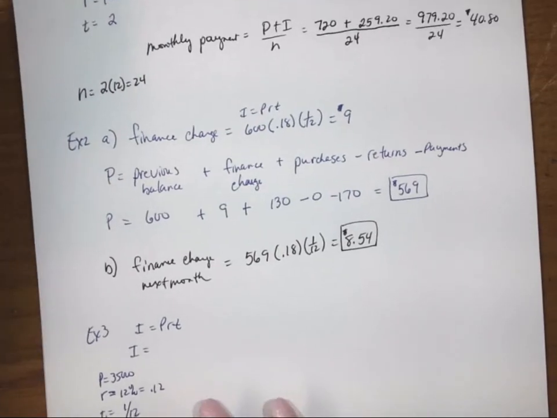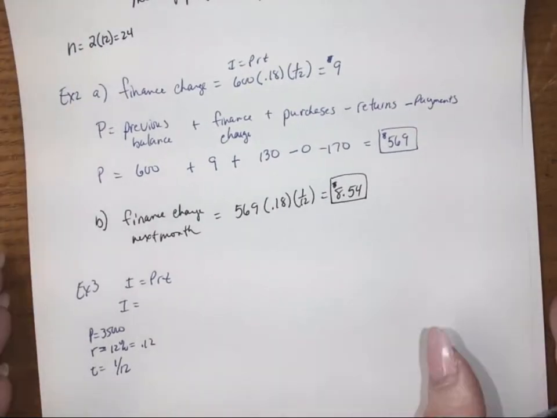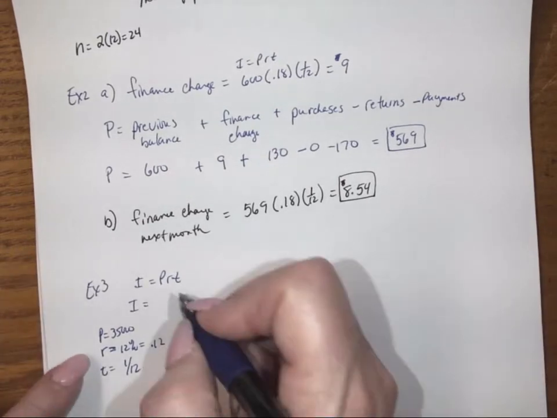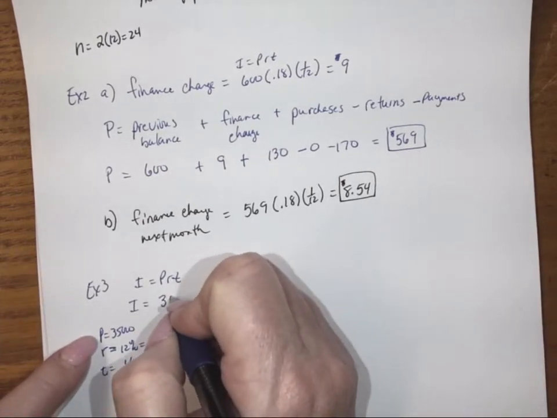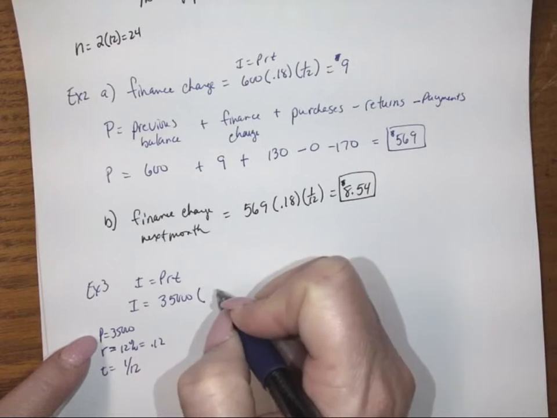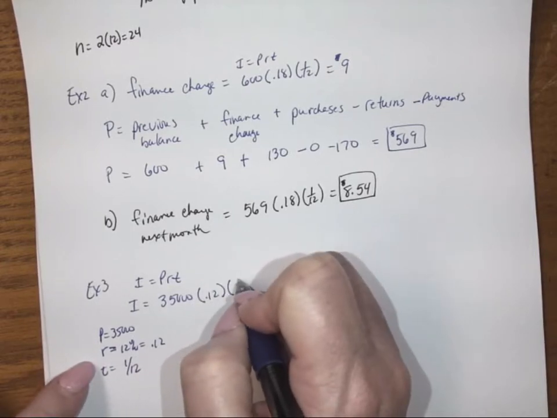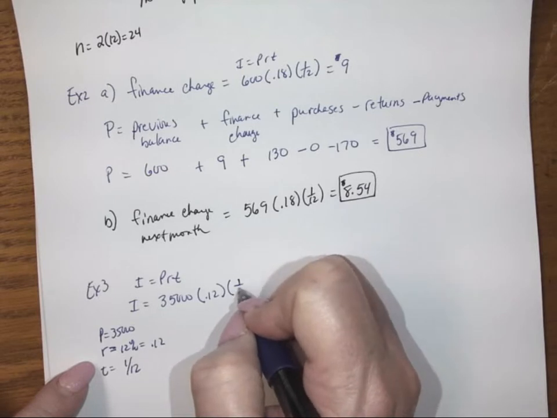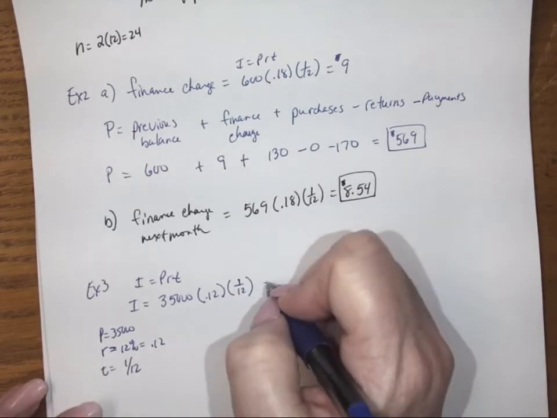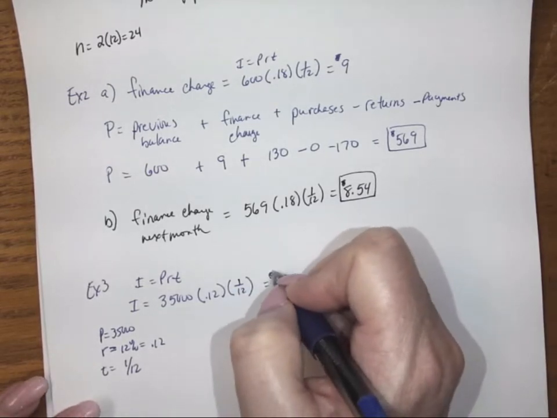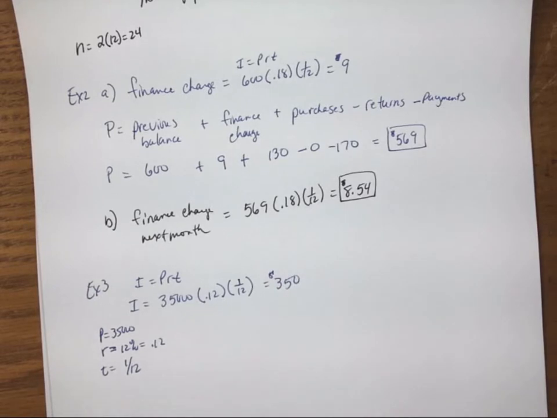It can be very useful to write what the letters mean each time. So I is going to be equal to 35,000 times the rate of 0.12 times 1/12. And that will get you $350, because we are looking to find, after the first payment, how much will you owe on your loan.